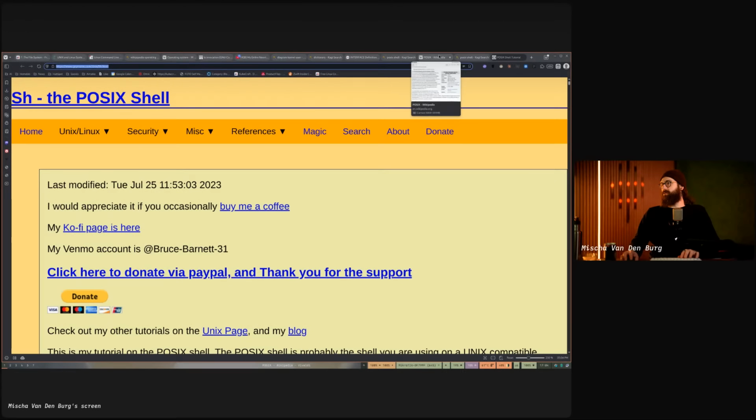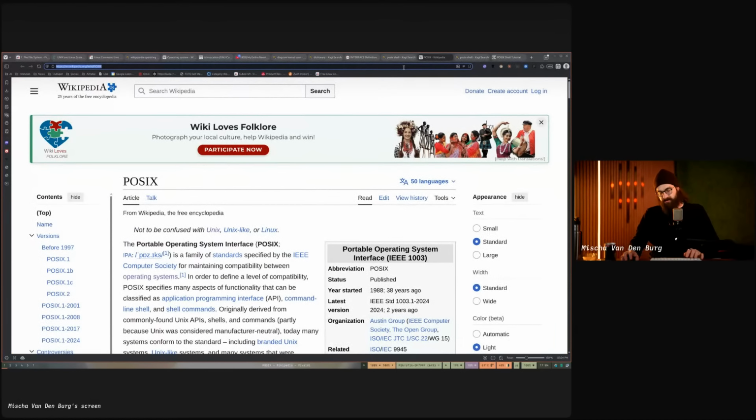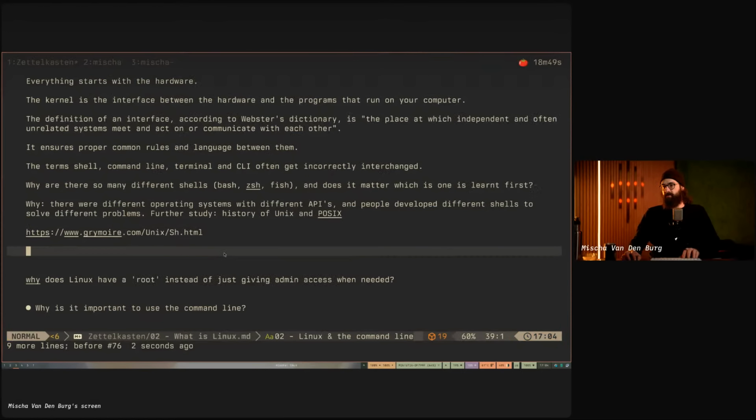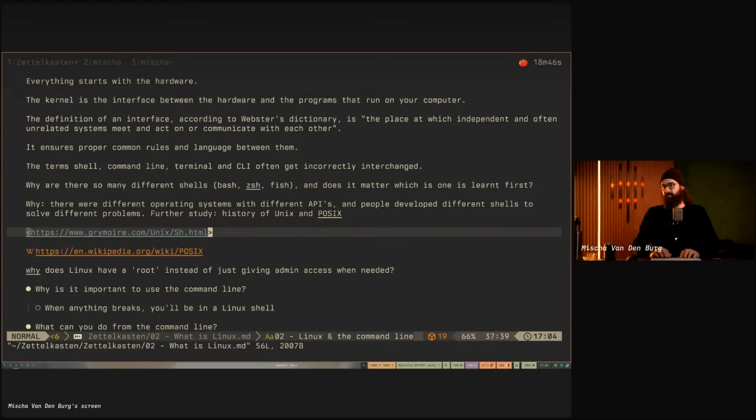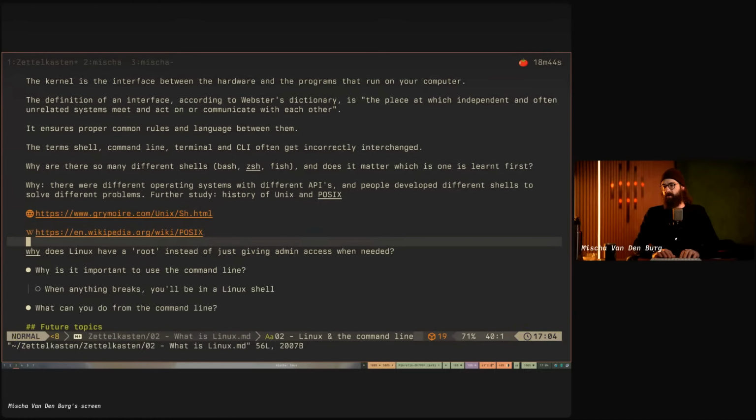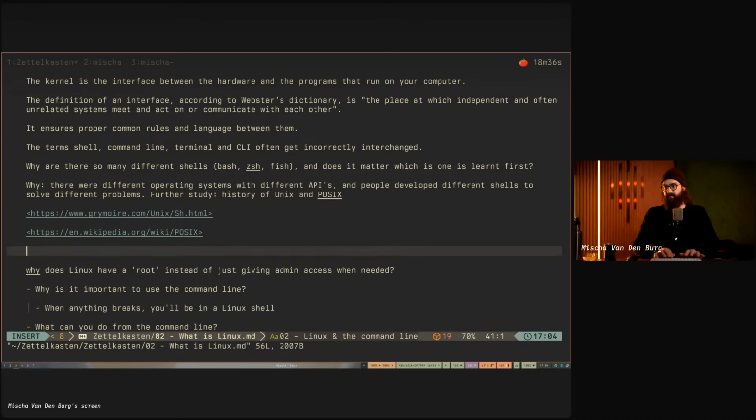There are teachers who will tell you that you should first learn the POSIX shell. These are people who are a little bit more hardcore than I am, like Rob Muirstein, who have been in the game for 30, 40 years. Those guys will emphasize the POSIX shell.